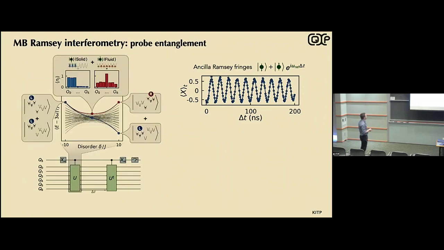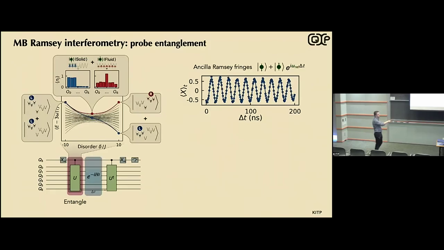But now if we adapt this Ramsey protocol to our controlled transport in the many-body regime, then we excite our qubits, and then we apply a pi/2 pulse on our ancillas, and then we apply this transport protocol where we prepare our NOON state, and so we entangle the system.